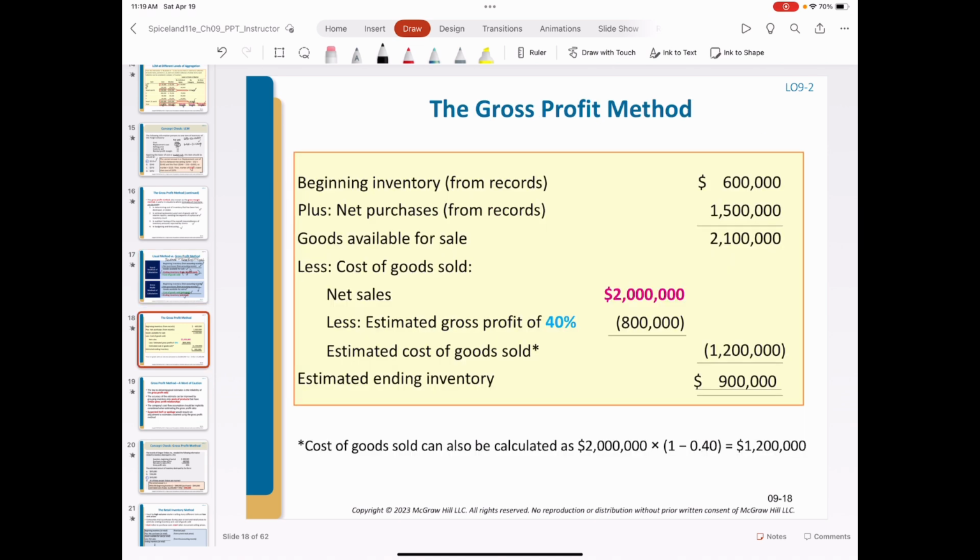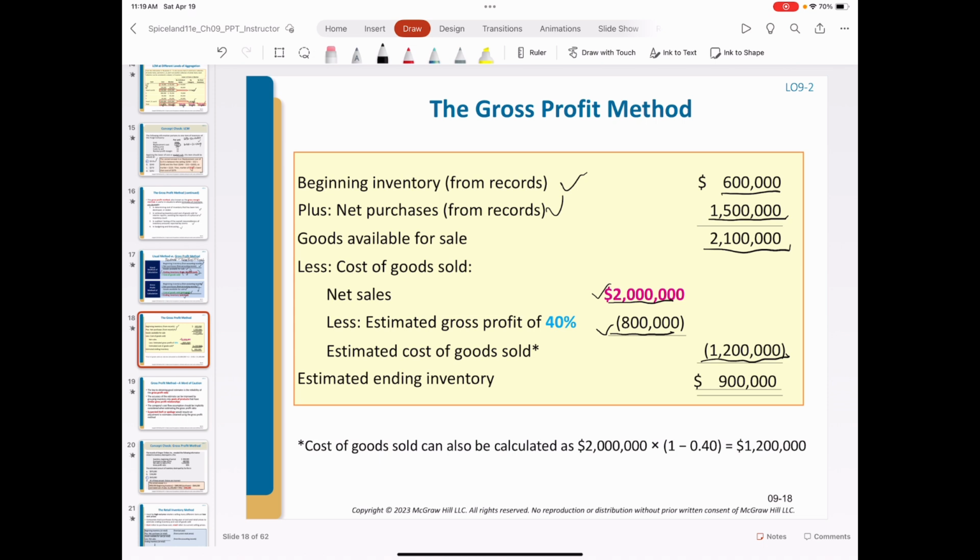So here it shows us the procedures for the gross profit method. These are book values of inventory on accounting records. So the total goods available for sale was 2.1 million. The next is to estimate cost of goods sold. The cost of goods sold is the difference between estimated sales revenue and estimated gross profit.